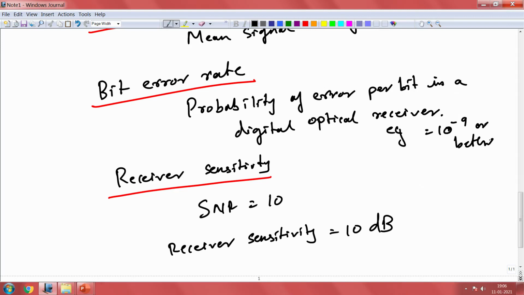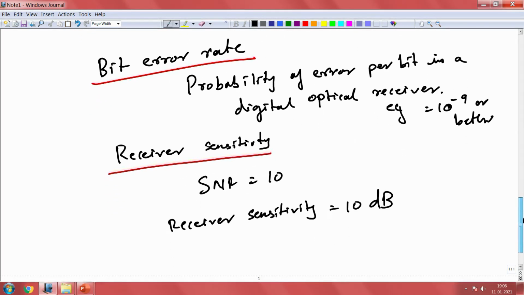That means you need only one error in 10 to the power of 9 bits. So, this is what you want as a bit error rate, the errors per stream of bits that you get. So, this is also related to our receiver sensitivity.